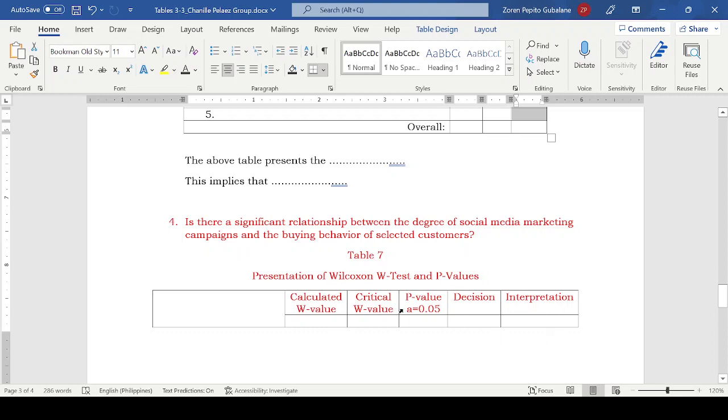So in this particular study, the researcher used Wilcoxon W test and p-values. Why is it so? Because itong mga statistical treatments kasi ay merong tinatawag na non-parametric and parametric statistics. So, since the researcher used Wilcoxon, it means that the study is non-parametric.